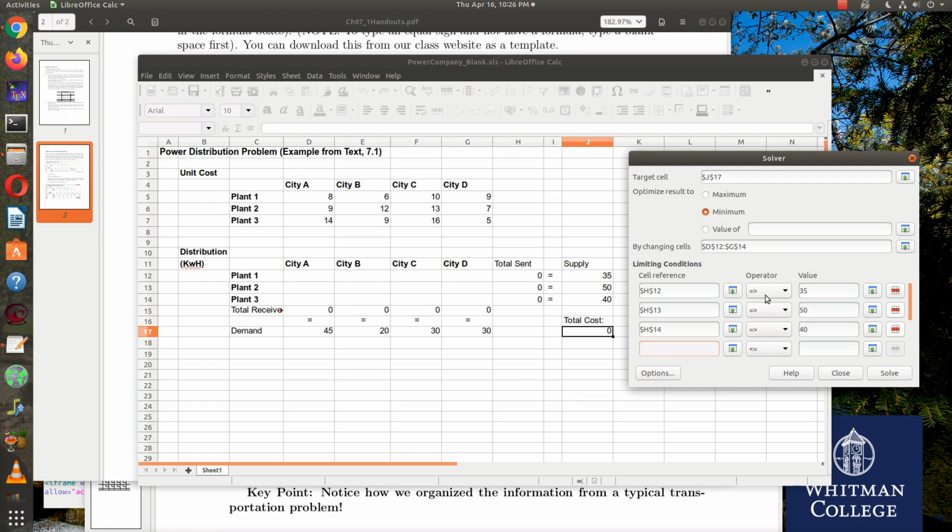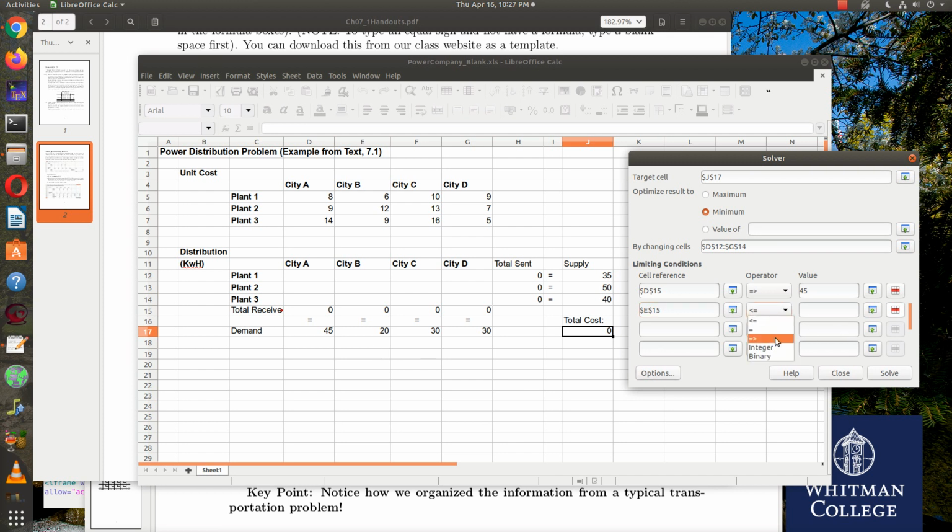Which one is bigger? I need this to be the other way around, right? Sorry about that. It's starting to get late in the evening. In this case we have D15 greater than or equal to 45. Then E15 greater than, and again you don't need dollar signs.